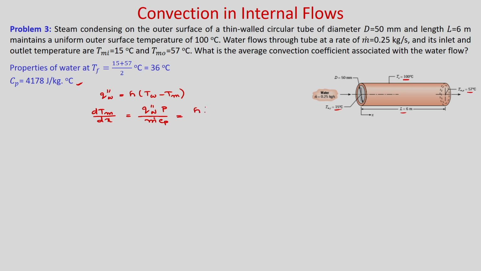So, this is equal to h (Tw minus Tm) P divided by m dot Cp. Now, dTm by (Tw minus Tm) you can write as minus P L divided by m dot Cp times 1 by L integral from 0 to L of h dx.